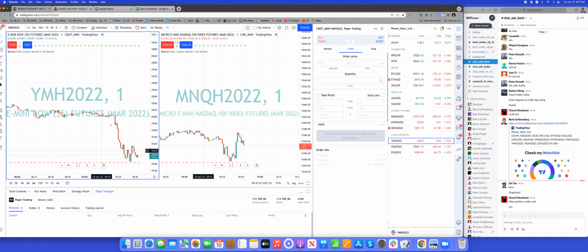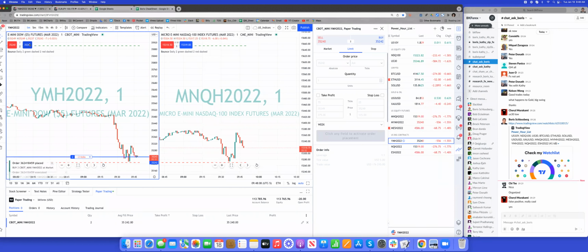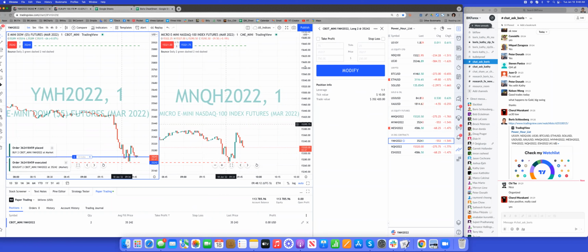So this looks constructive. We're going to get long here. Nope. Hold on a second. Sorry. I'm holding off on this trade, just not holding up. Right. I'm going to come in right here. It kind of just retraced on me. Let's see if it kind of holds.